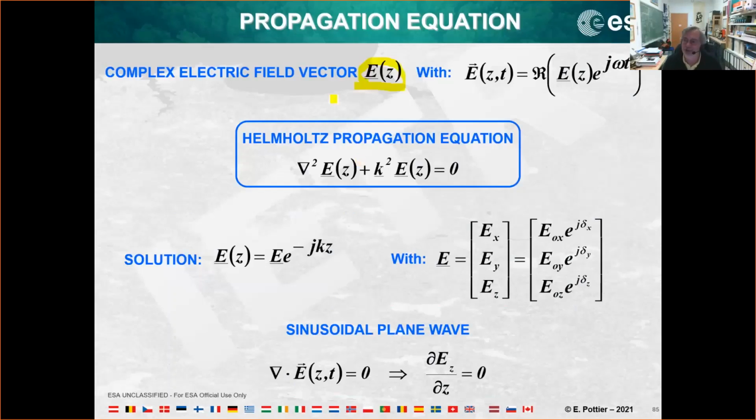It's possible to come back to the space-time domain by taking the real part of this complex vector multiplied by the propagation phasor. And so we can write this equation in a very simple way here in the complex domain.